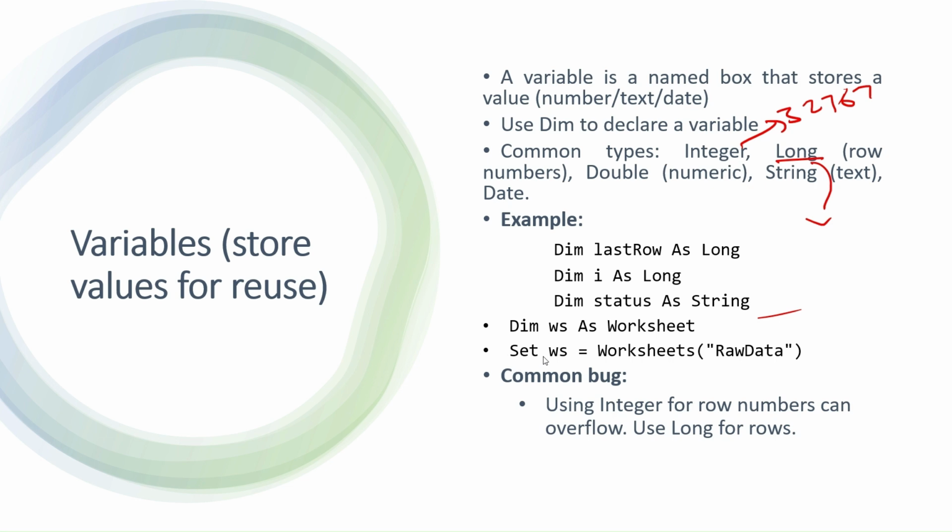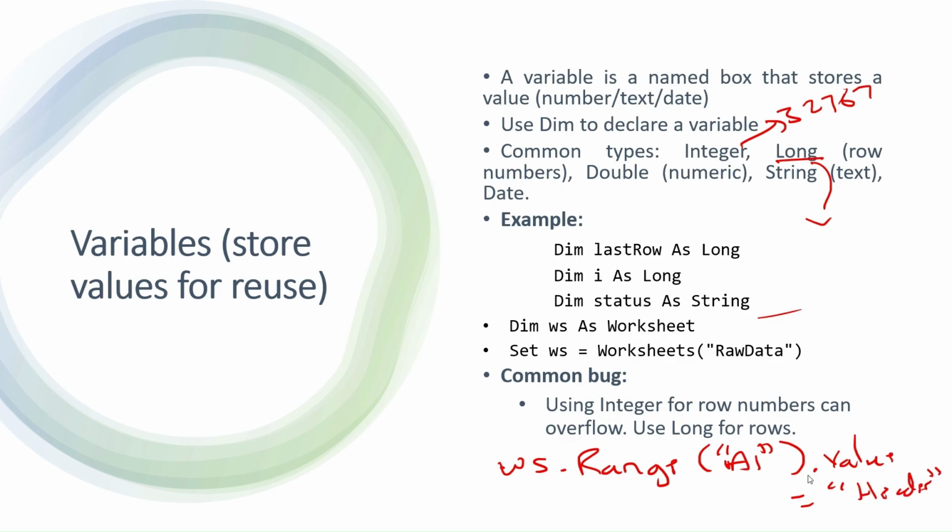And for example, what's the purpose of having this defined as WS? It means that if you want to write a code later, you can write, for example, WS dot range, you remember, A1 dot value, and then you say equal to header.